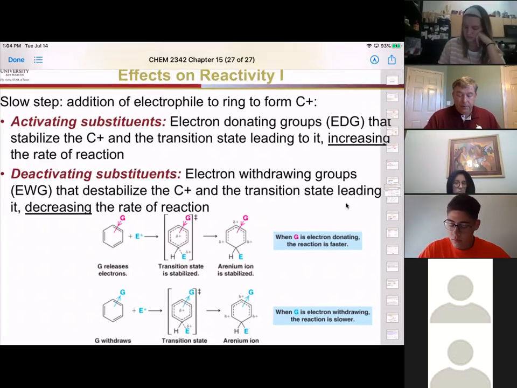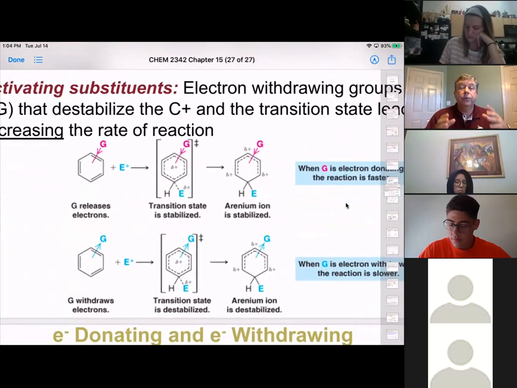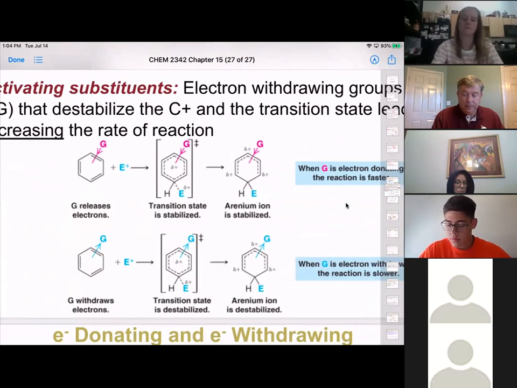So the way we can look at that is how does it contribute to that partially positive charge shared on the ring in the transition state. And in the case of a donating group, that means this positive charge you just generated is not as positive. It's not a full positive charge because you've donated some electrons to help stabilize that charge. Okay.